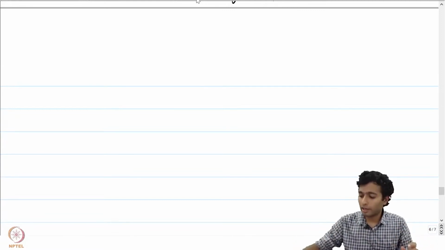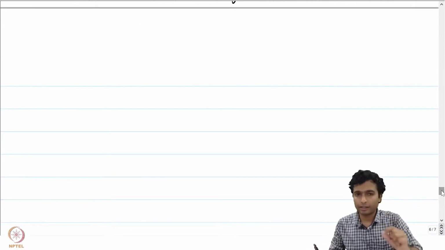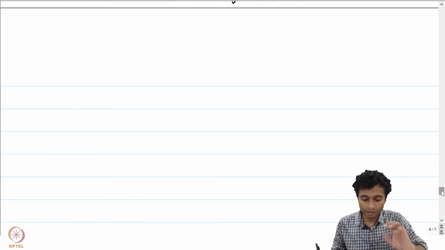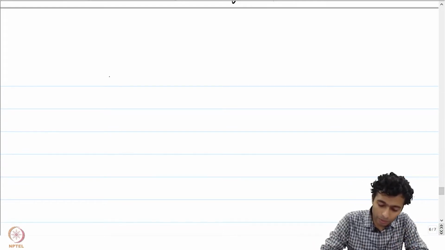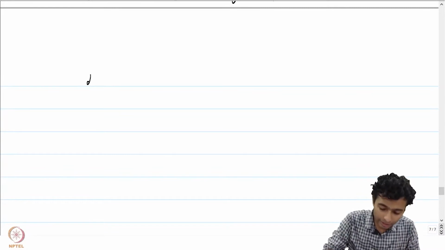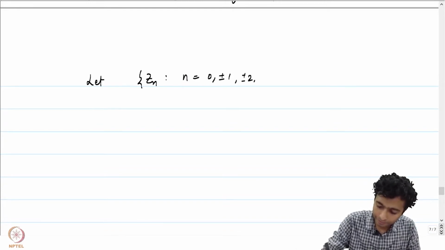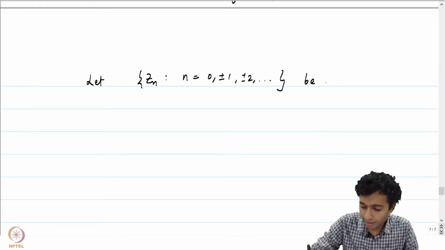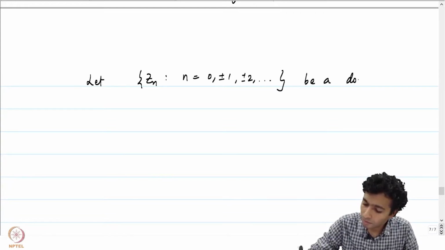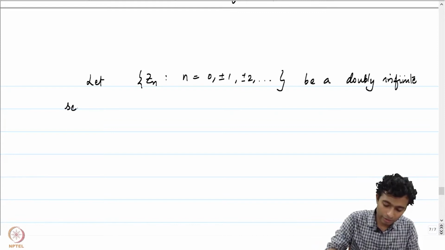Before we really start developing our theory with Laurent series, let us set certain notations that we will be using. Laurent series. Let me first talk about what is meant by a doubly infinite series. Let Zn, where n is all positive and negative integers, be a doubly infinite sequence of complex numbers.